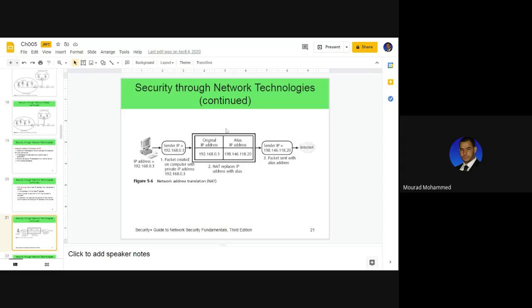The same device that matched the real IP with the alias would match the alias with the real IP address, and it will direct the communication to the designated, identified device.